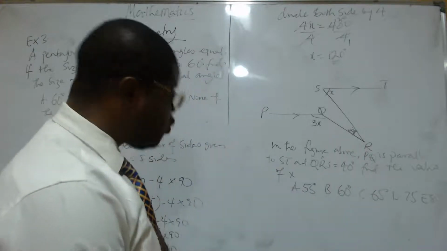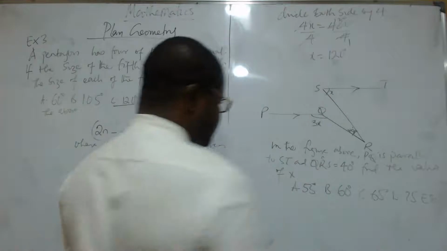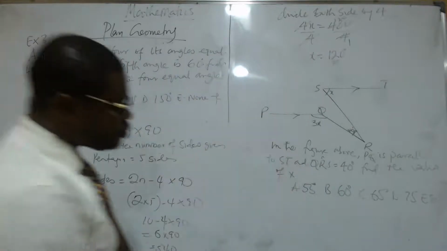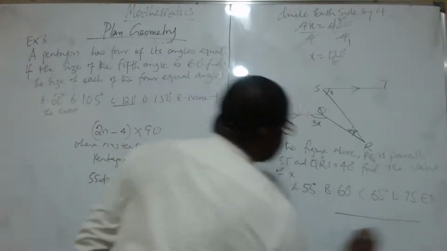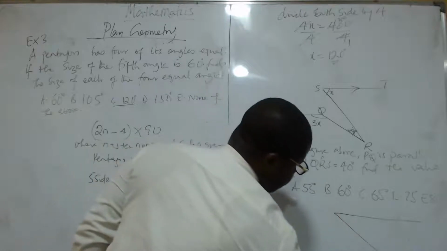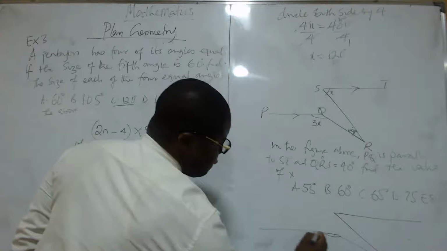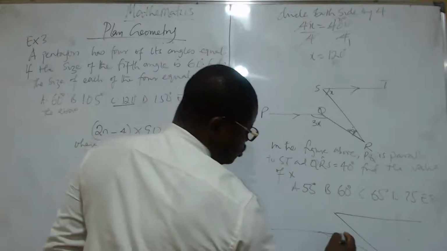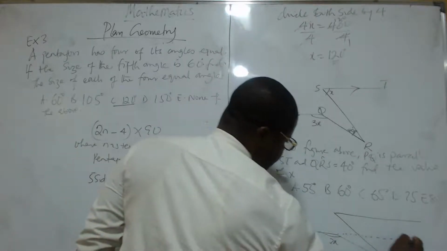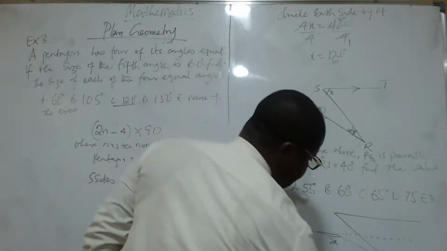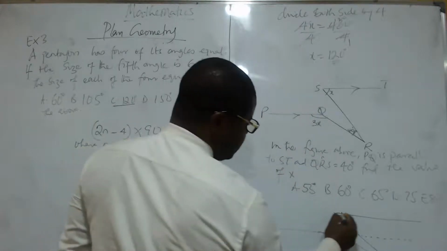Find the value of x, this angle here. Now, to solve this, rule it out. 3x, rule it out. Yes, 40. Here's x.